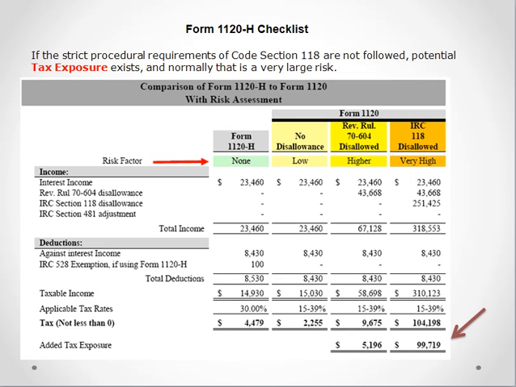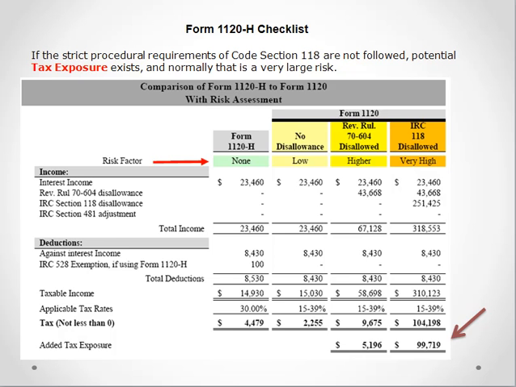But what if it gets worse? What if the IRS says, you know what, you didn't follow the 6 steps that are required under Code Section 118 for qualifying your reserve assessments as capital assessments, and therefore we're going to drag them in as current year income, and all of a sudden you're going to pay an extra $99,000 of taxes.